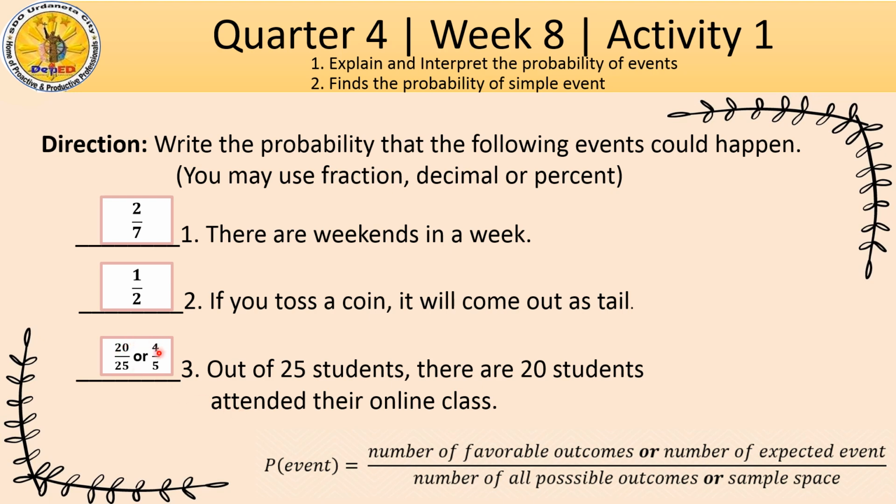And we write 25 on the denominator because there are 25 students in all in the class. So if we find the simplest form of 20 over 25, that is 4/5. So that's how easy your activity 1. But first, answer your activity 2 before activity 1.